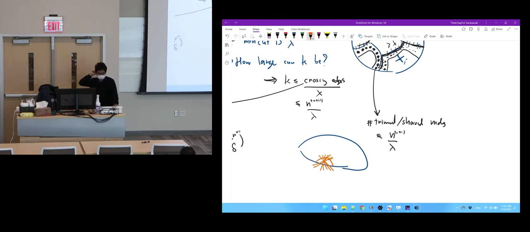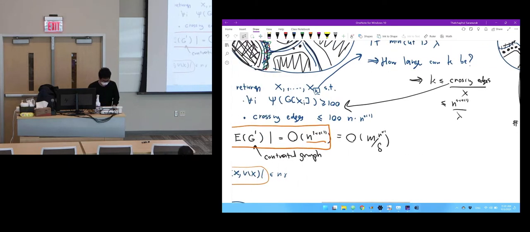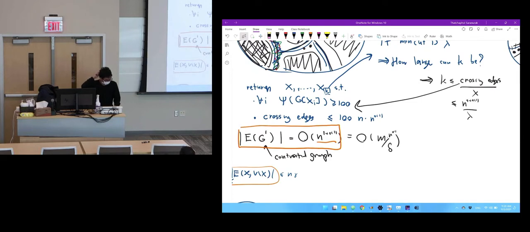Sorry, one sec. Let me think, maybe. Similar to edges, because edges are in constant fraction, and so the number of new edges over... Let me see.